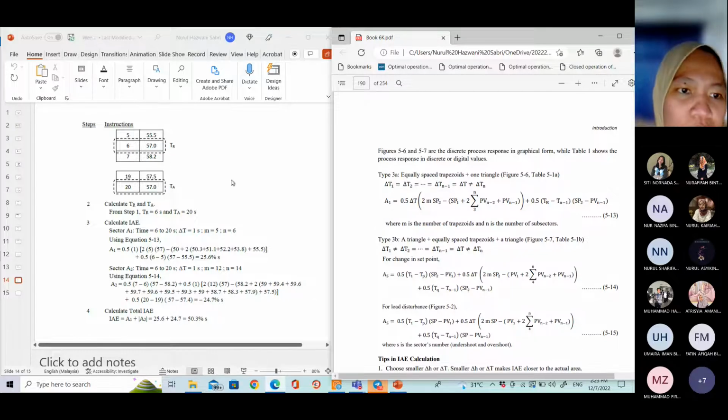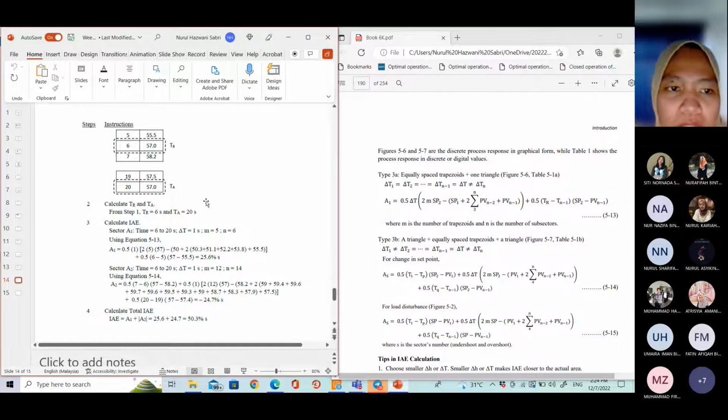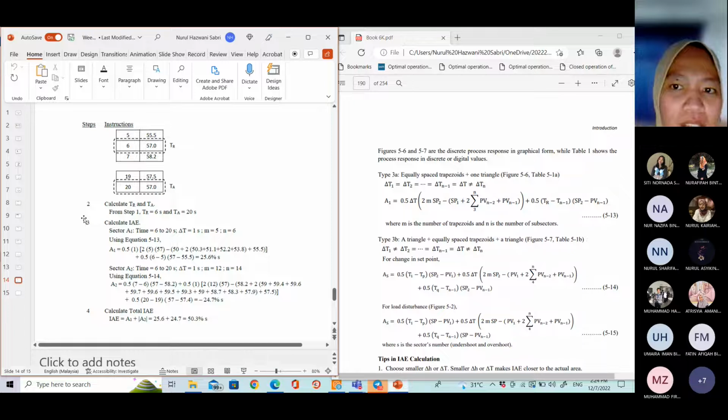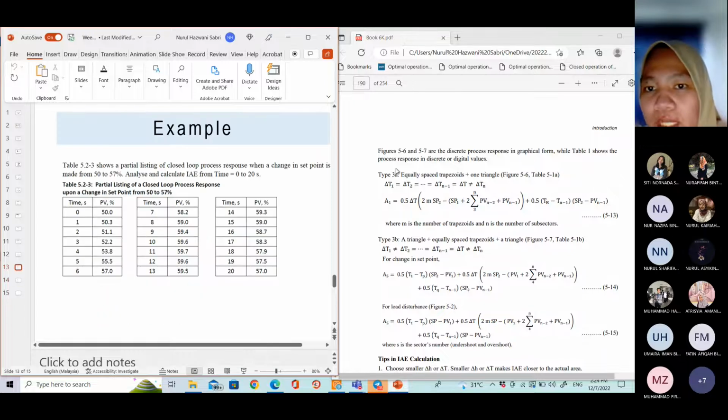So for sector A1, the error occurs from time 0 to 6 seconds. As I explained, 0 to 6 seconds is area 1. From the table, we can see the delta T. The base, why do we say it is your base? You can look at this graph.